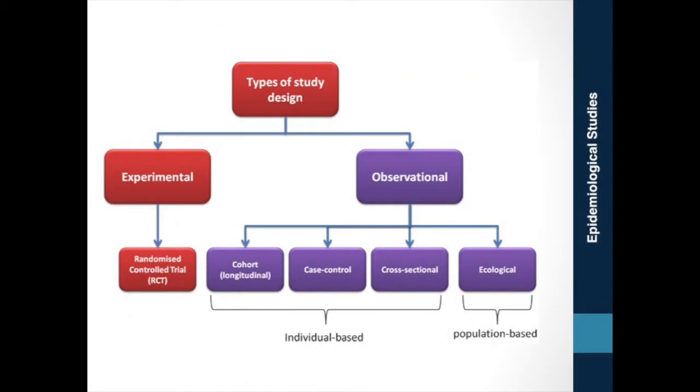We can also classify studies based on how they handle the exposure in experimental and observational studies. In this classification, experimental designs include the randomized controlled trial, and observational designs would include case control studies, cohort studies, cross-sectional, and ecological studies.